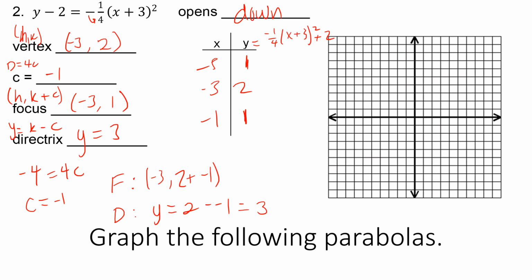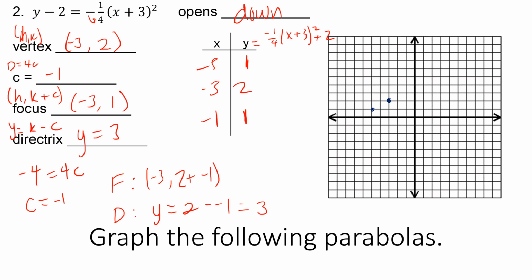And now I'm going to go ahead and plot everything that I have. So I'm going to plot my vertex. I'm going to go to -3, 2. After plotting my vertex, I'm going to go ahead and put in my points. So at -5, I'm going to go to 1.